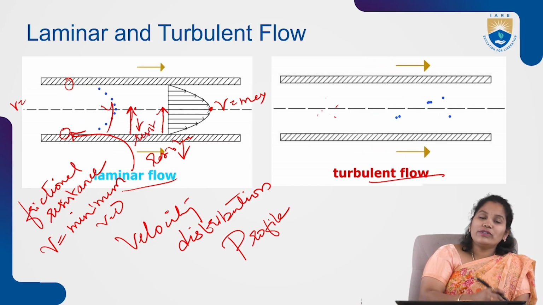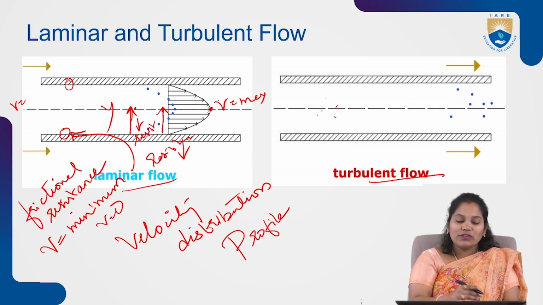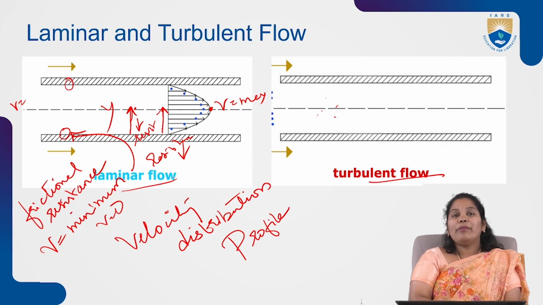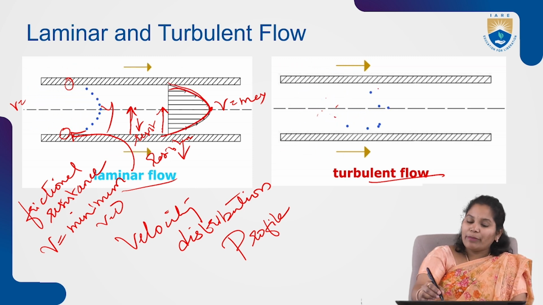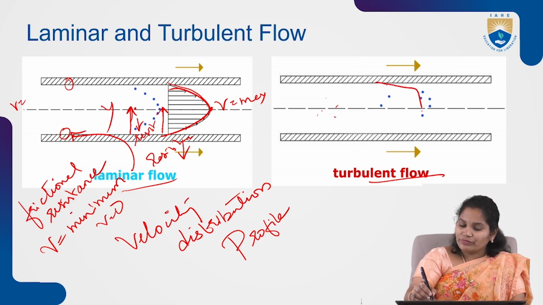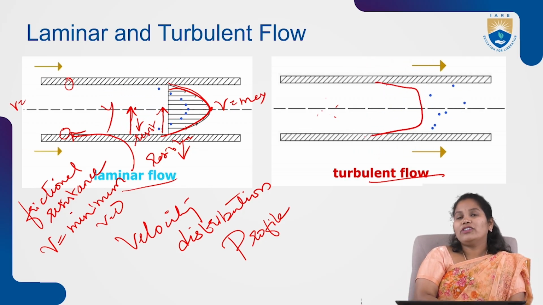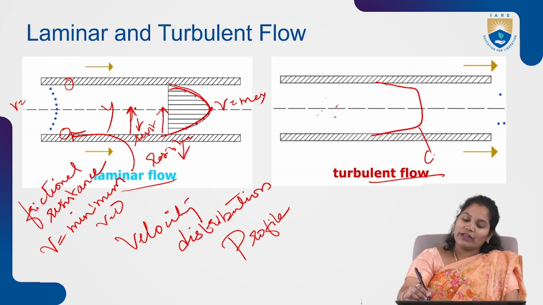So at one point you see maximum velocity, that is at the center. This is the velocity profile for laminar flow: a parabola. When coming to turbulent flow, here is a logarithmic profile. This is what you see for turbulent flow. It is a very complex problem.